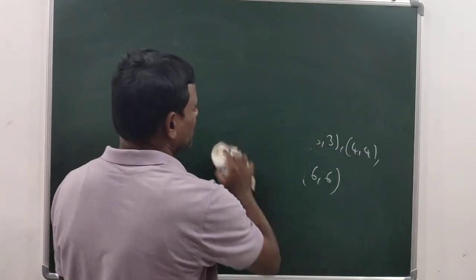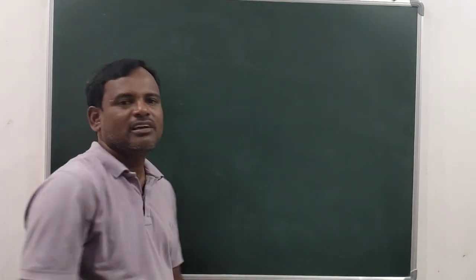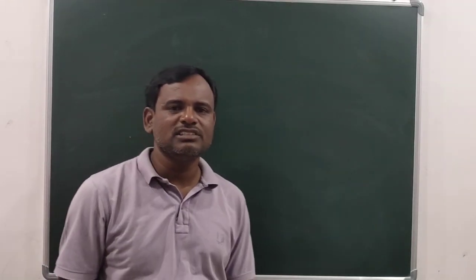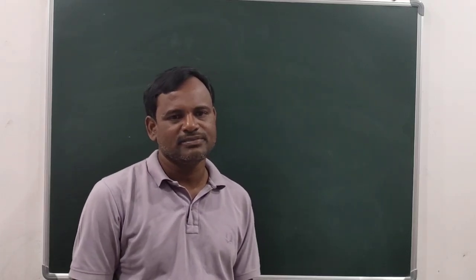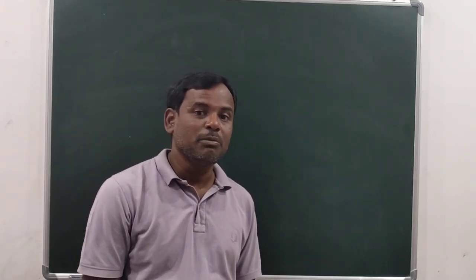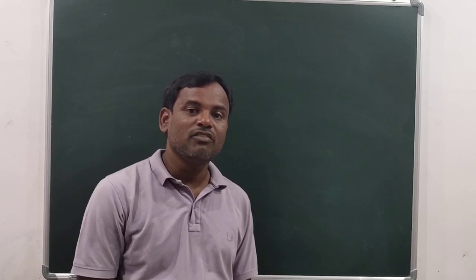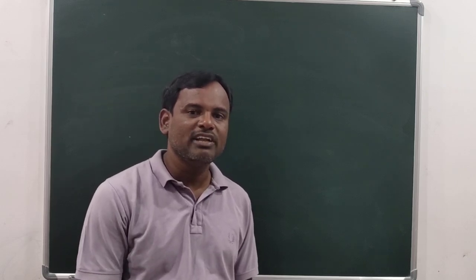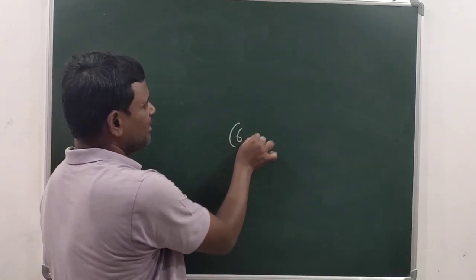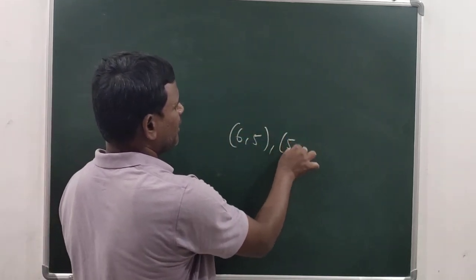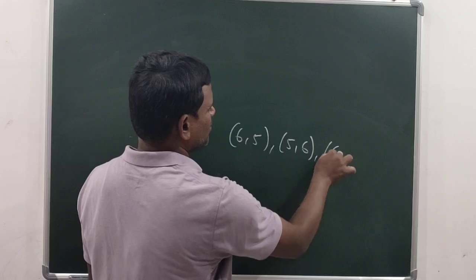Like, what is the probability of getting the sum of outcomes more than 10 when you throw 2 dice? Means either we may get 6,5; 5,6; or 6,6.